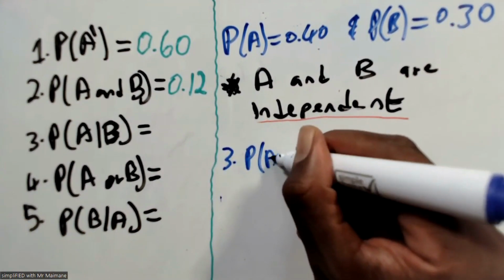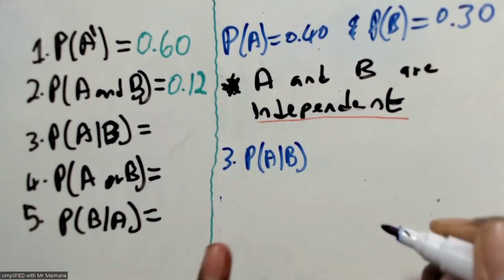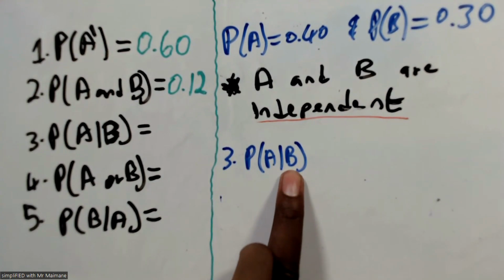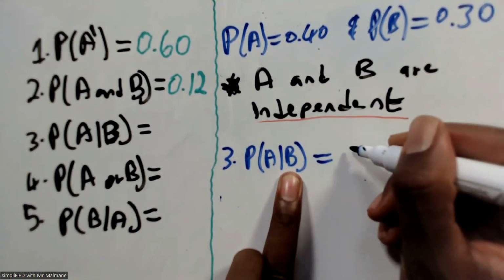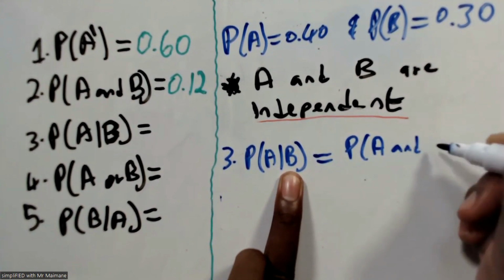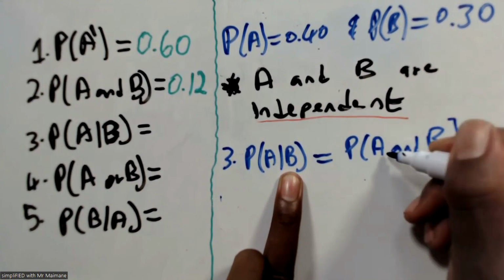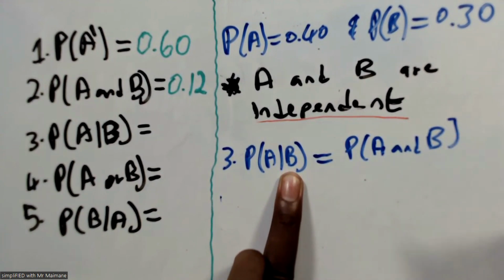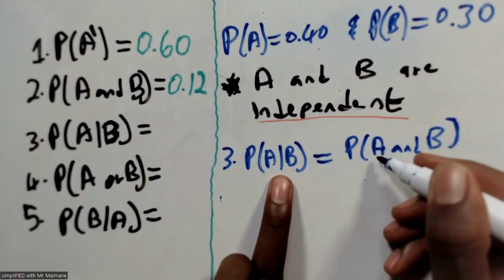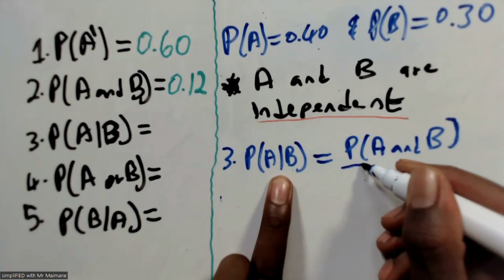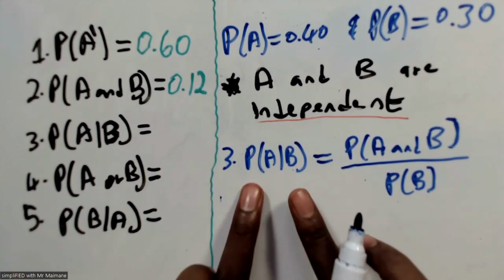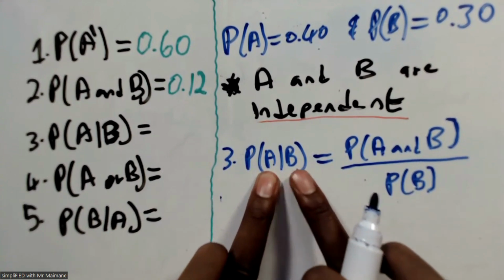The probability of A, given that B occurs as well, these are conditional probabilities. The probability of A in condition to B is equal to, the formula states, the probability of A and B all over the probability of B. Don't stress, because these formulas are given on your formula sheet most of the time.